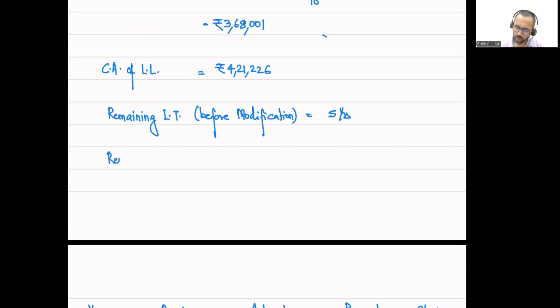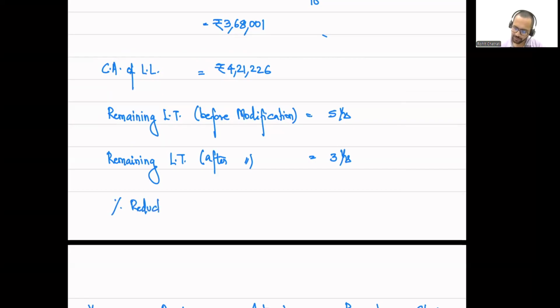After modification, the total lease term has reduced from 10 years to 8 years, which means the remaining lease term after modification is going to be equal to 3 years. So I have now year 6, 7, and 8 left. Therefore, the remaining lease term is 3 years.